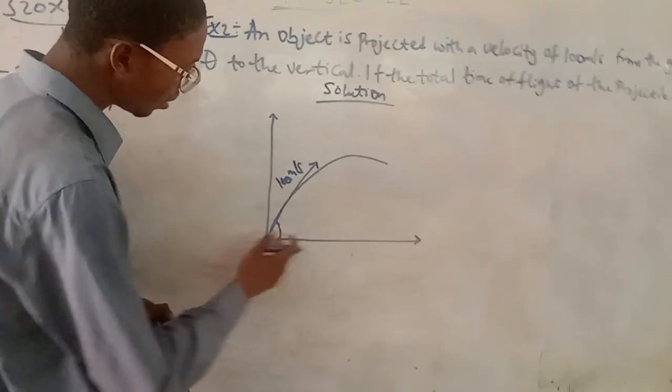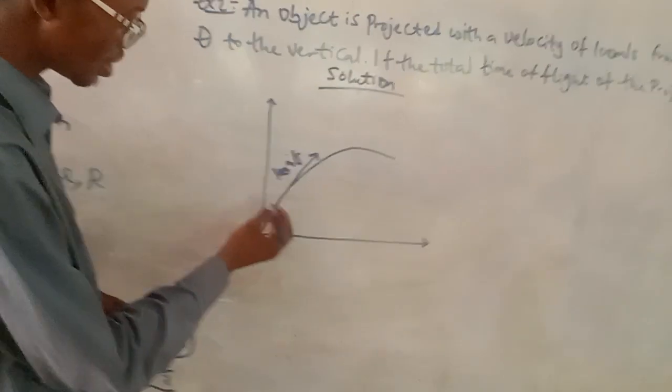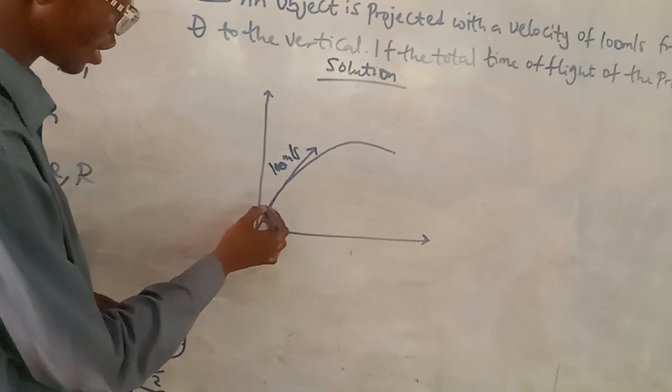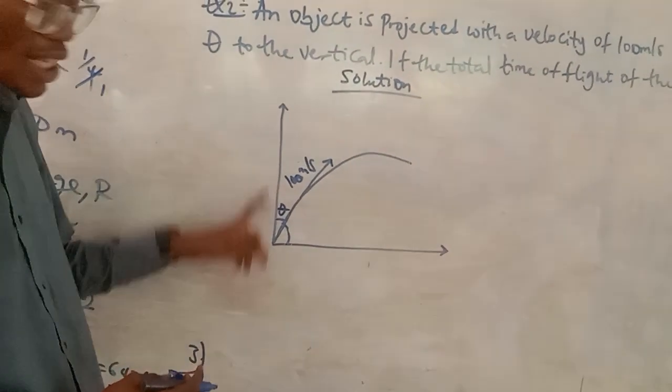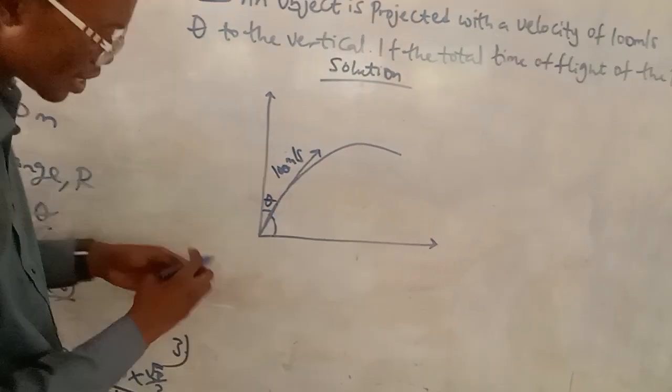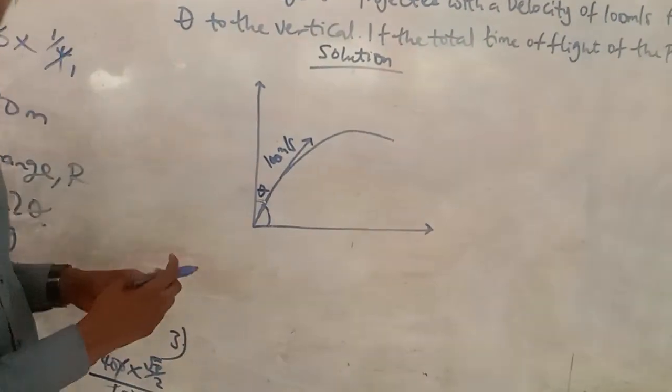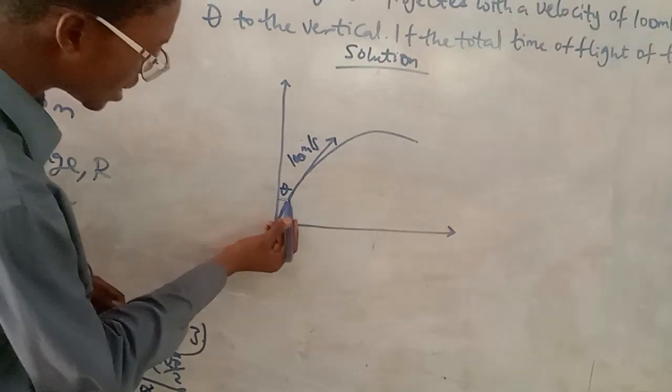This is the velocity from the ground. Now they say the total time of flight of the projectile is 10 seconds. Now, they said at an angle theta to the vertical.